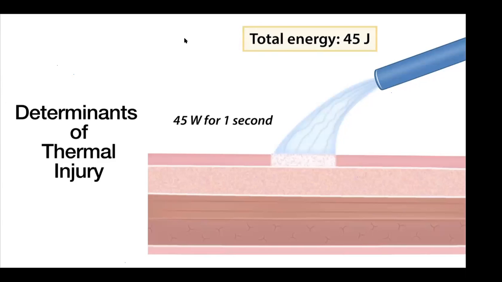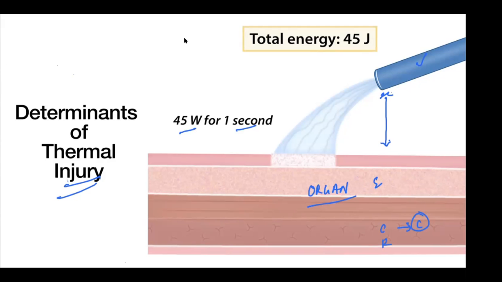So when you look at determinants of the thermal injury, you've got your APC catheter, and you are applying energy for a particular amount of time, keeping the probe at a particular distance to an organ in the GI tract. It could be esophagus to colon or rectum, and you know that the cecum is very thin.